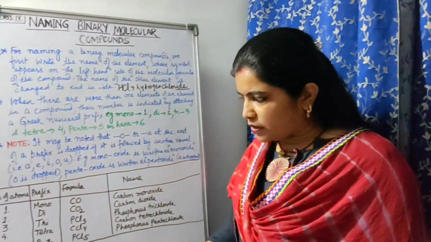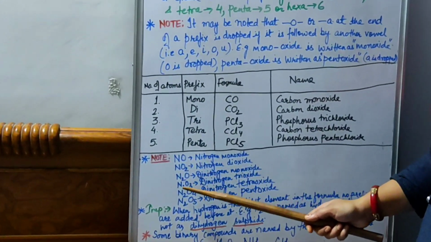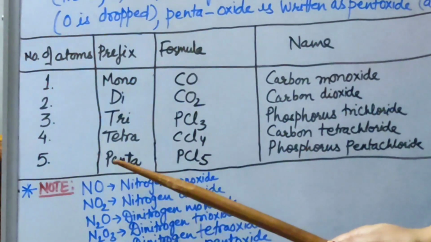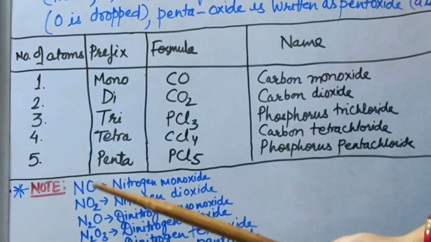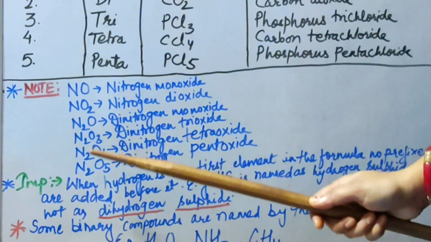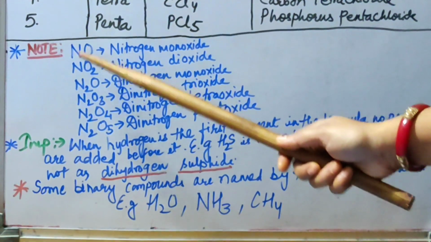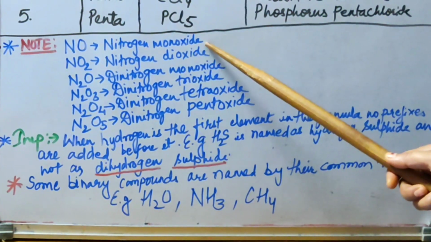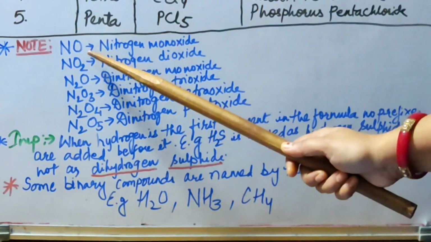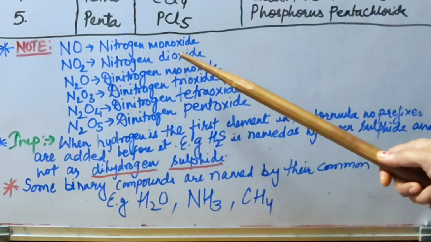Here I am talking about the combination of nitrogen and oxygen. Children, nitrogen and oxygen are both non-metals, but they have the tendency to form more than one compound, which means they form 6 different types of compounds. So I have named it nitrogen monoxide. Mono is written because a single oxygen is there. If it is 2, then nitrogen dioxide.